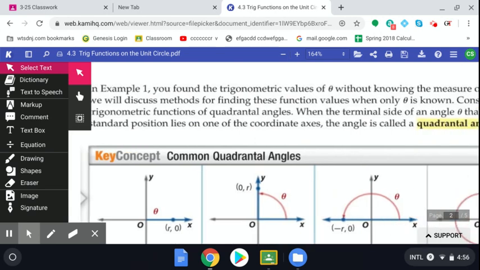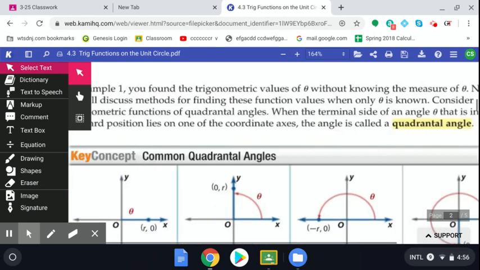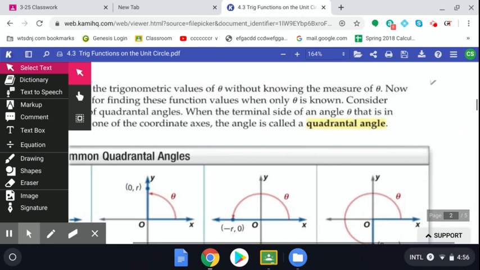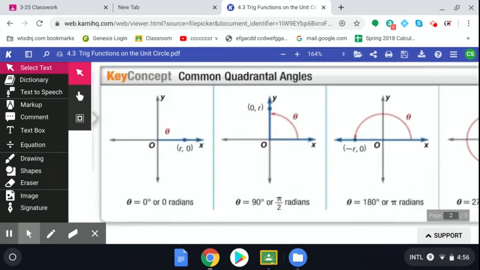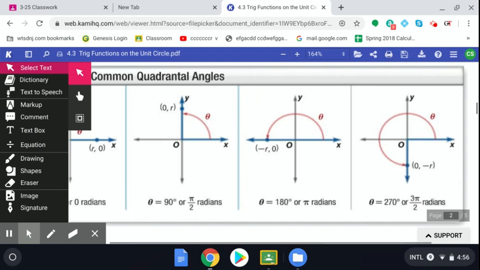Now, they give this very funny name. They call them quadrantal angles. But what we're talking about here is determining the trig values for these angles, when the angle is on the x-axis, y-axis, x-axis, y-axis, the negative x and negative y.